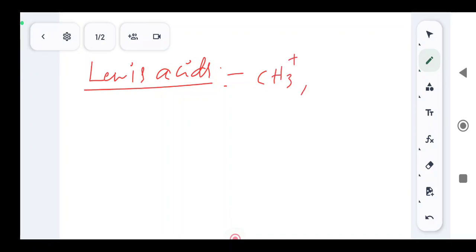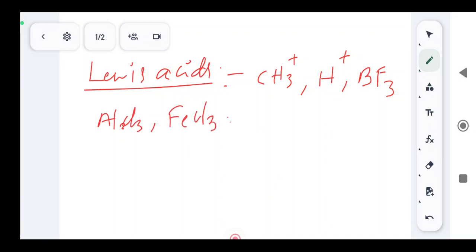CH3 plus, H plus, BF3 with a vacant orbital is also a Lewis acid. Aluminium chloride AlCl3 is a Lewis acid, FeCl3 also is a Lewis acid, which are ready to accept a pair of electrons. These all are Lewis acids.